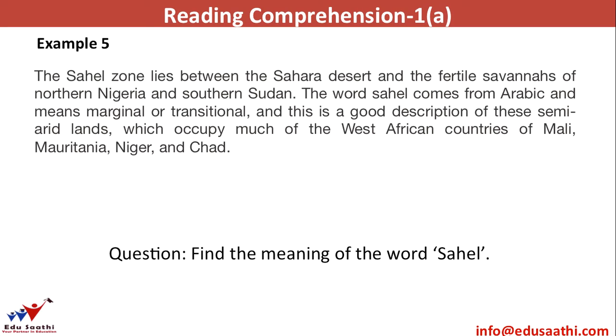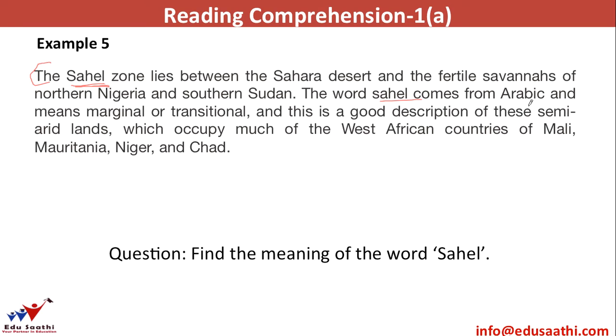Right. Now, I'm not looking for a word that starts with S. I'm looking for Sahel itself. I'll look for Sahel. Here it is. I'll just move over this entire passage and try to find out what it means. So wherever Sahel is written, I'll just mark those words. So here is Sahel.